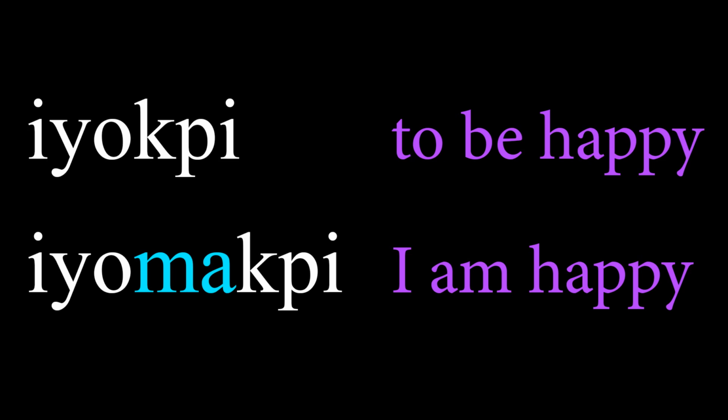Now, think about that. There are really three things in this word, iomakpi. You have your subject I, and your verb am. And happy is what is called an adjective. An adjective is something that is describing a thing. Like, for example, a tall boy. The word tall is an adjective.